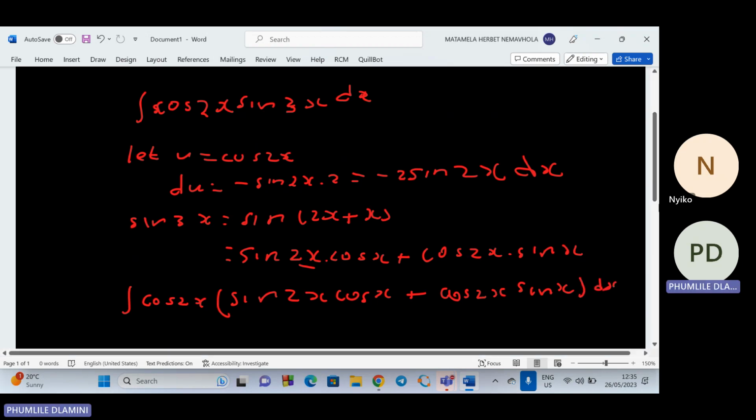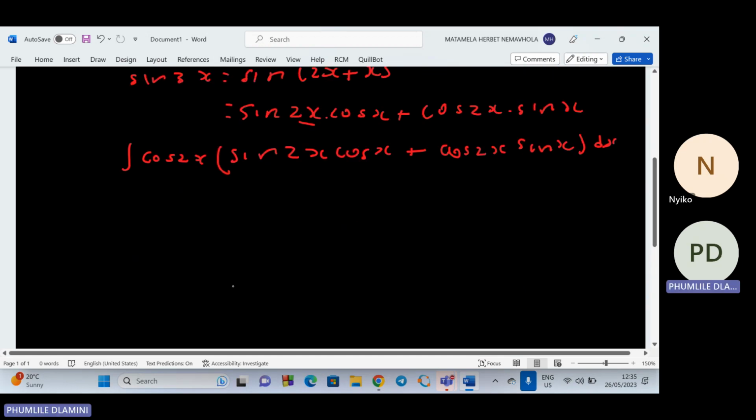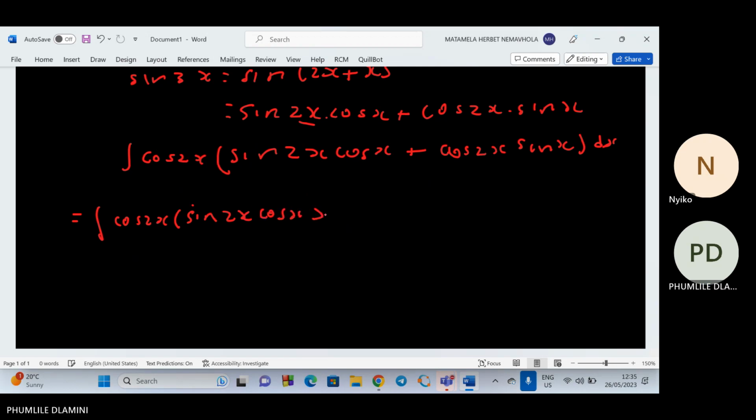We can break this into an integral of cos 2x sine 2x cos x dx plus an integral of cos 2x times cos 2x sine x dx.